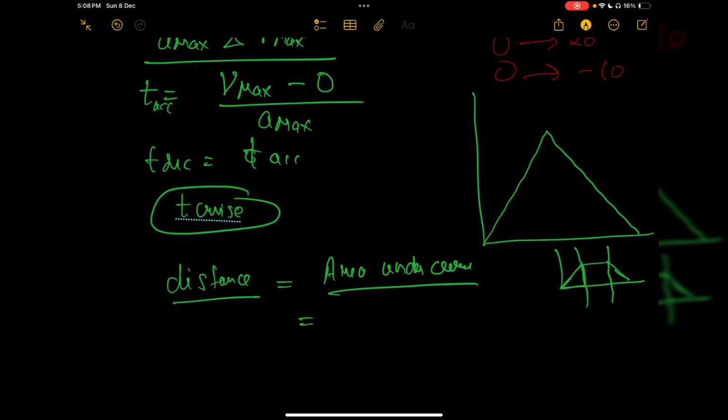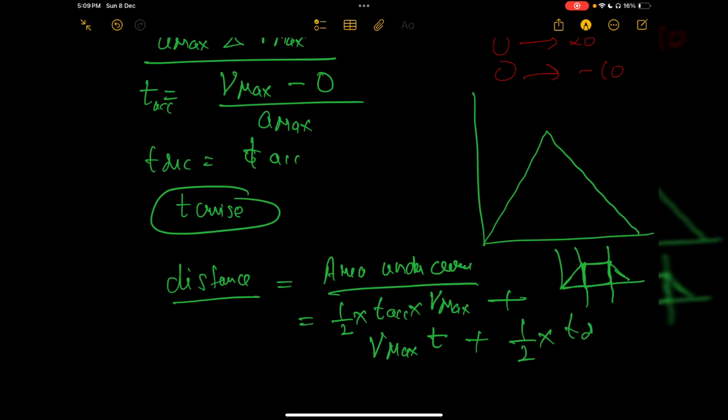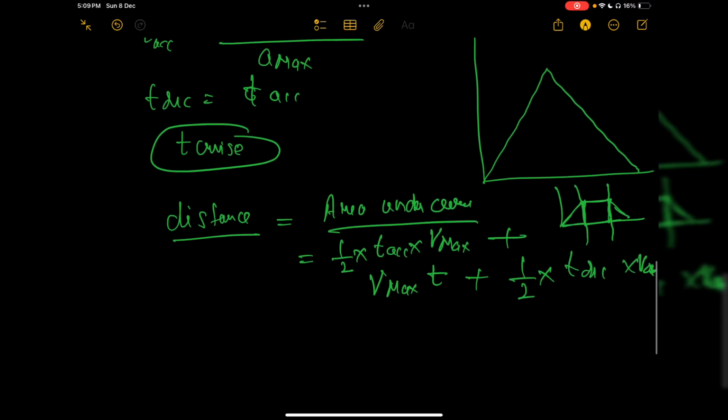So this is basically a triangle, that is half into t acceleration into height, that is v max, plus then we have this area, this is a rectangle, so v max into t cruise. Then we have half into t deceleration into v max. This is the area of this curve.